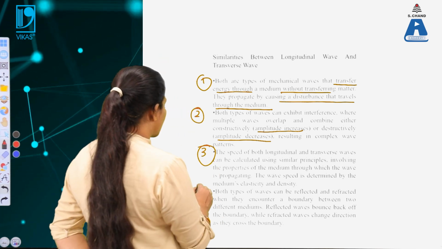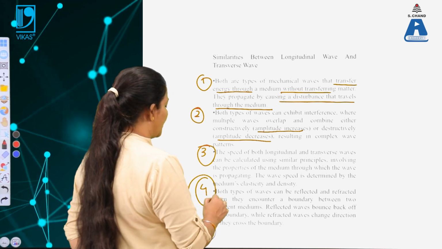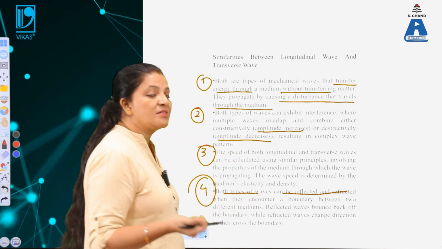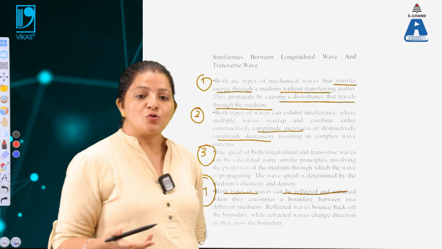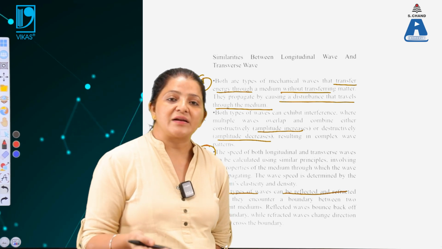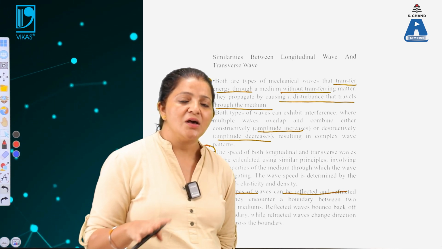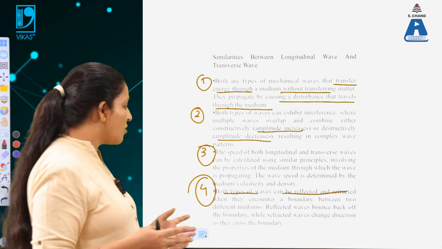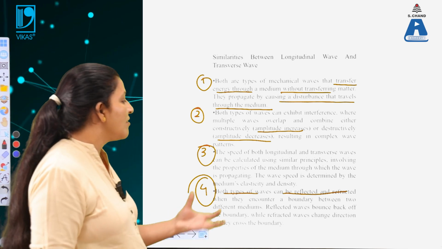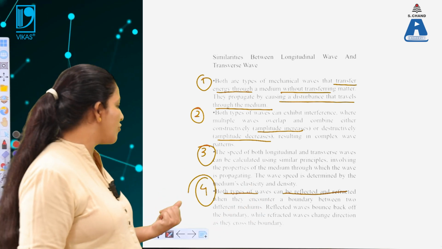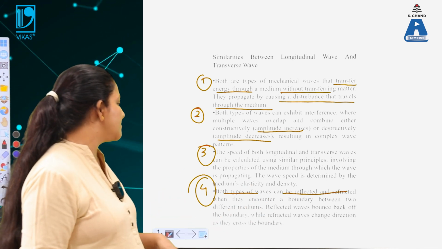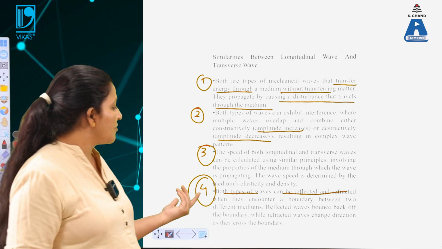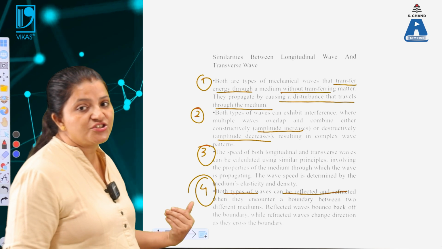Next, both kinds of waves can be reflected and refracted, depending upon the media where the waves are placed. So these waves can be reflected back or they can be transmitted. Depending upon the medium, the reflected waves bounce back from the boundary, while the refracted waves cross the boundary, and the reflected wave bounces back with a change in direction.